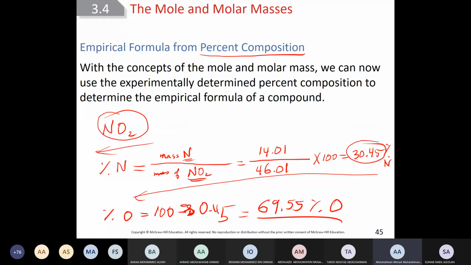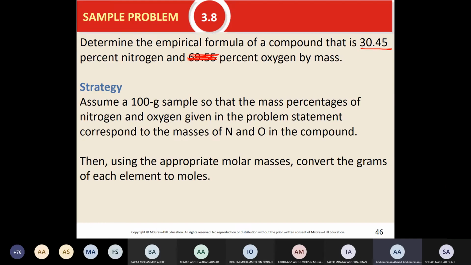That's the first thing you should know. So if I give you this question: determine the empirical formula for a compound that is 30.45% nitrogen, and it consists of only oxygen and nitrogen, this means the percentage of oxygen is 69.55.